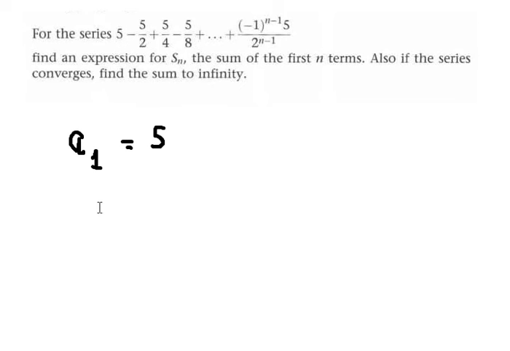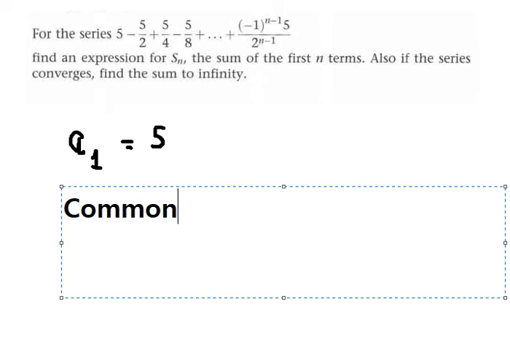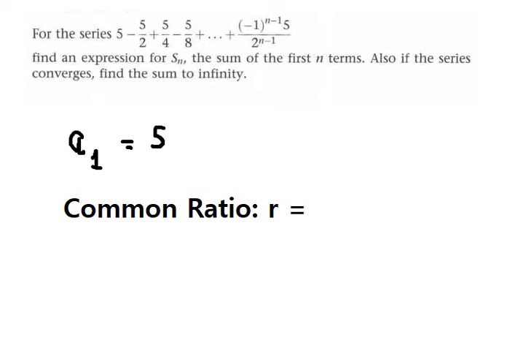And then we need to find the common ratio, which is R. To find the common ratio, we need to use a2 divided by a1, because a2 is a1 multiplied by R, over a1.